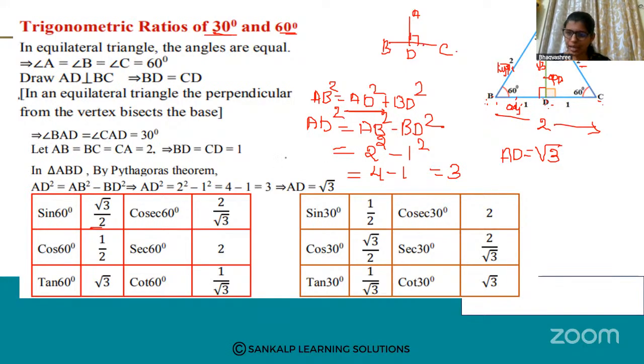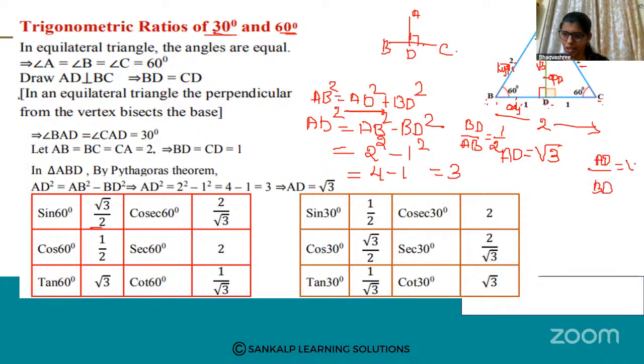Same like that, cos 60 degree is adjacent divided by hypotenuse. Adjacent side is BD divided by AB. BD value is 1, AB value is 2. So cos 60 degree is 1 by 2. Tan 60 means opposite divided by adjacent, that is AD divided by BD.